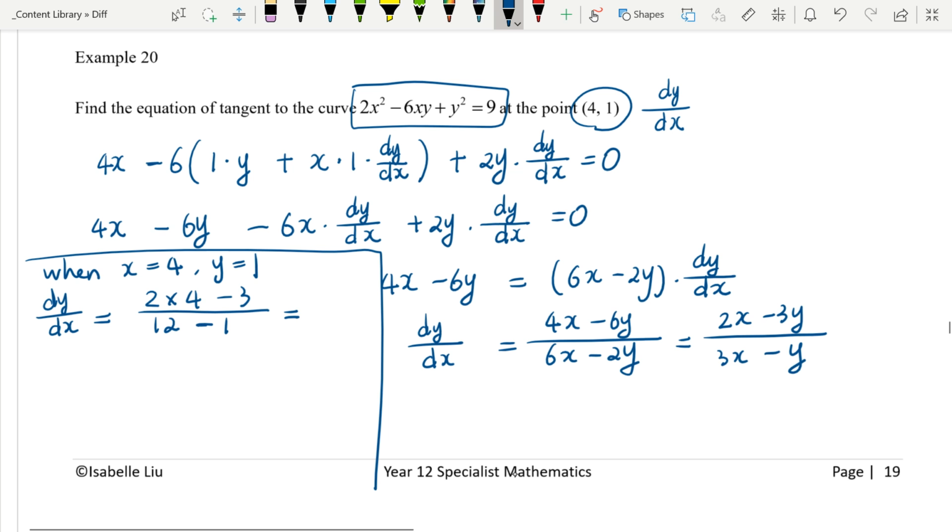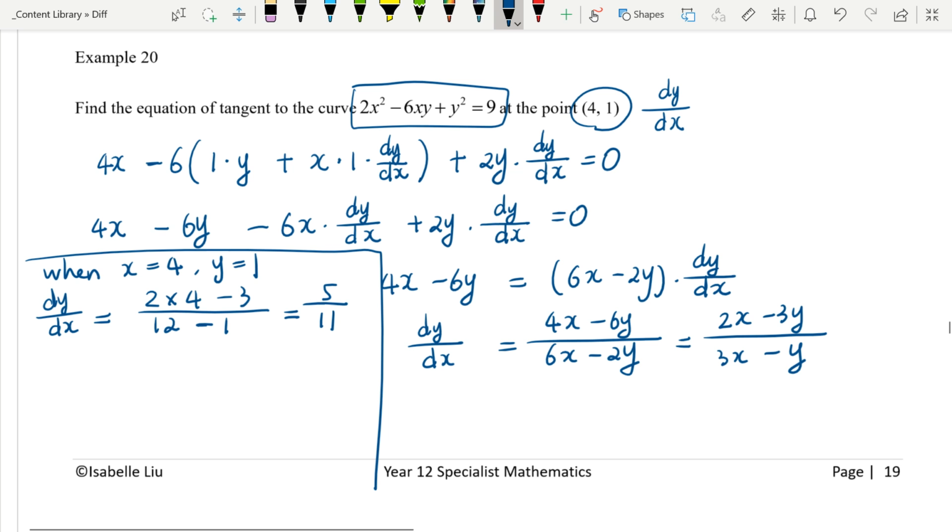So that's 8 minus 3, which is 5 over 11. Any questions up to here? No. Okay, so if you can find the dy/dx expression, just sub the value in, as long as I don't substitute the value wrong.